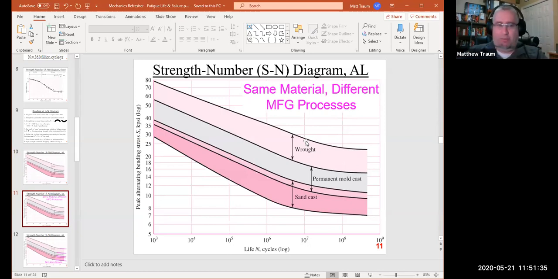It's not a forging process, but they're hitting and shaping it over and over to get it into its final form, whereas forging is usually just a one-step. Wrought aluminum is hit several times. And so wrought aluminum has a higher SN curve than a permanent mold cast aluminum or a sand cast aluminum. Permanent mold casting, by the way, is die casting.